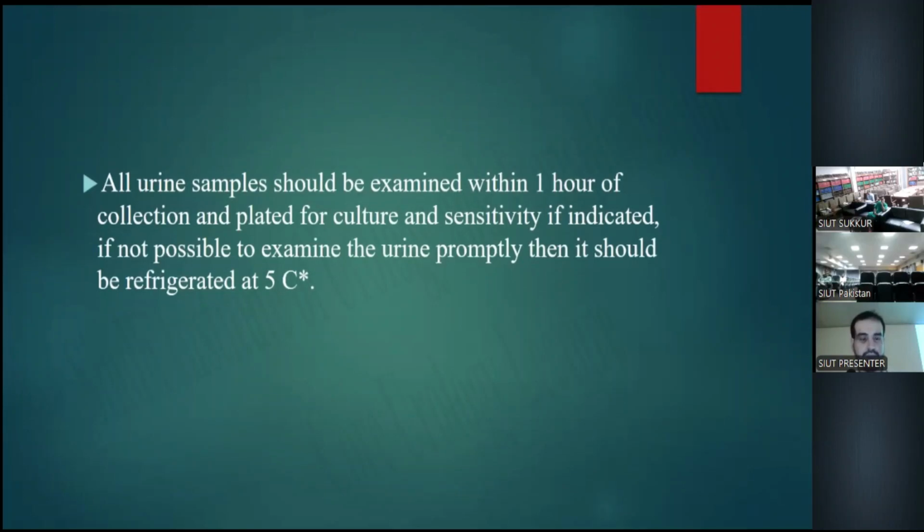There are principles for processing a urine sample in order to get a proper detailed report. All urine samples should be processed within 1 hour. If that is not possible, it should be kept at 5 degrees centigrade in a refrigerator.